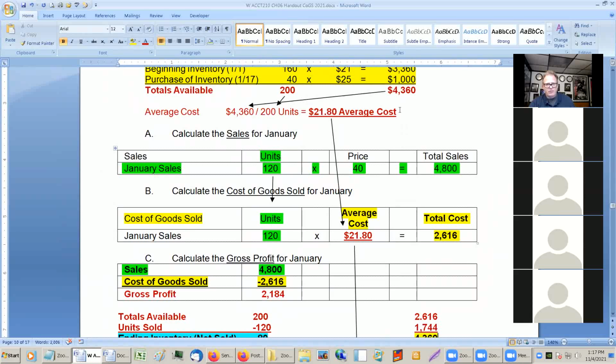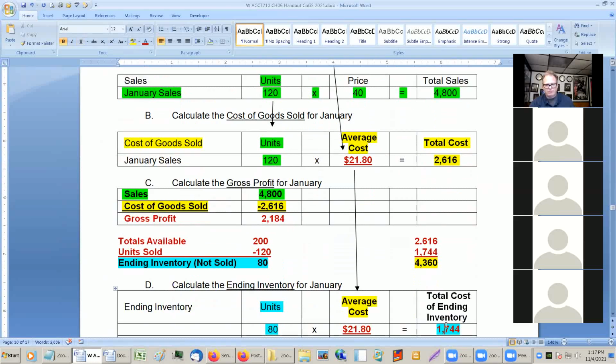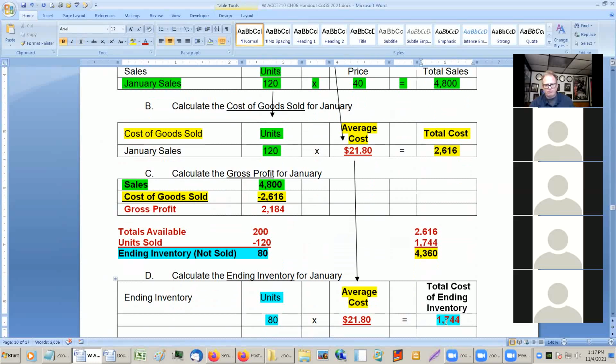So this total of 4360, that's both the sold and the ending inventory. So if you get the cost of goods sold, you can theoretically just take the total cost of the inventory and subtract it out, and that'll give you the ending.